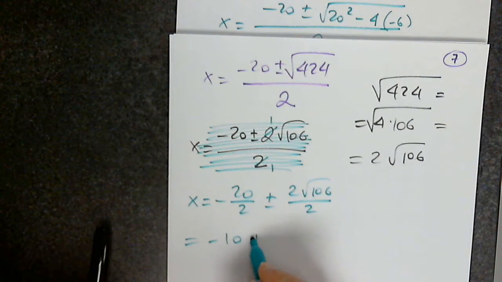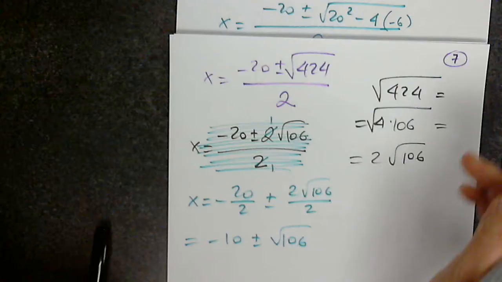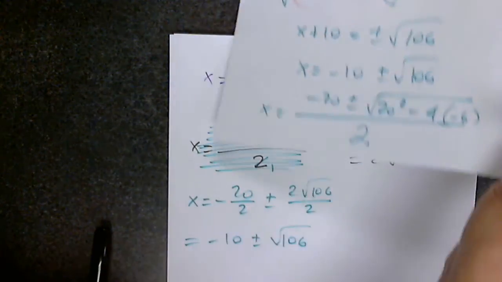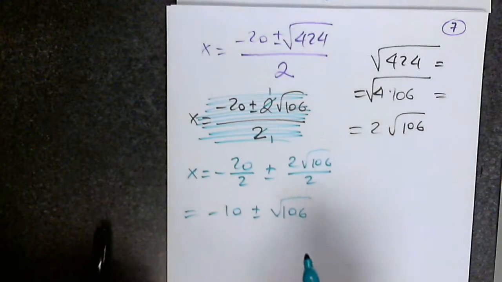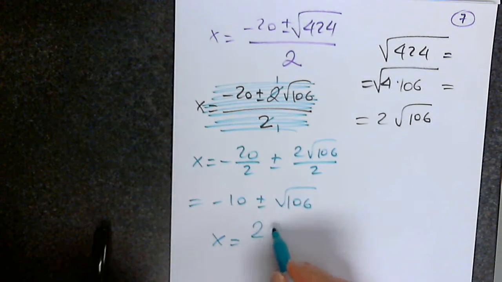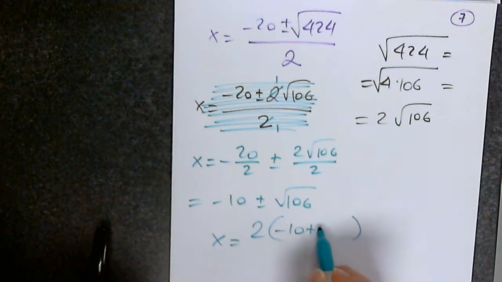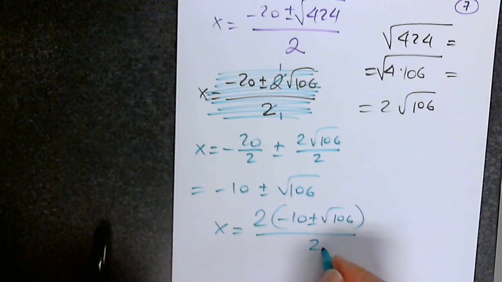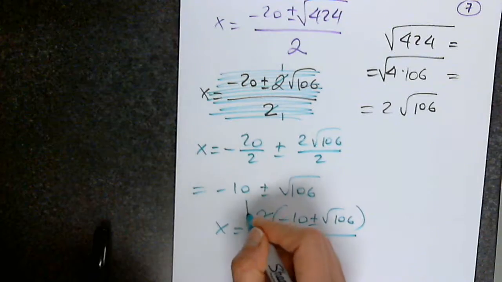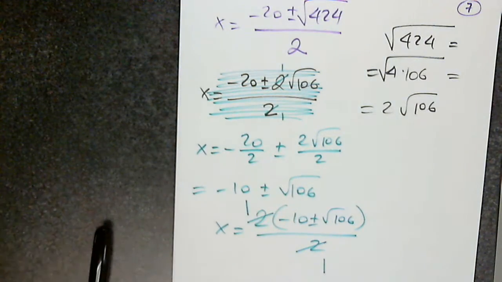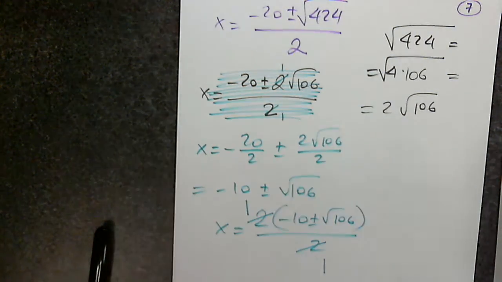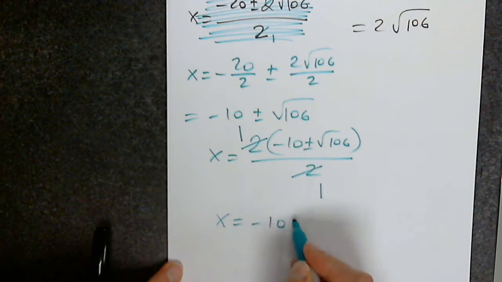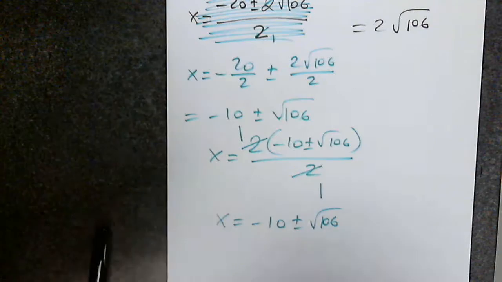This is negative 10 plus or minus the square root of 106, and this is what we got. The other option is to factor. So you can factor 2, negative 10 plus or minus the square root of 106 over 2. And yes, now you can, because you're simplifying a factor. And you get the same thing, right? So x is still negative 10 plus or minus the square root of 106.